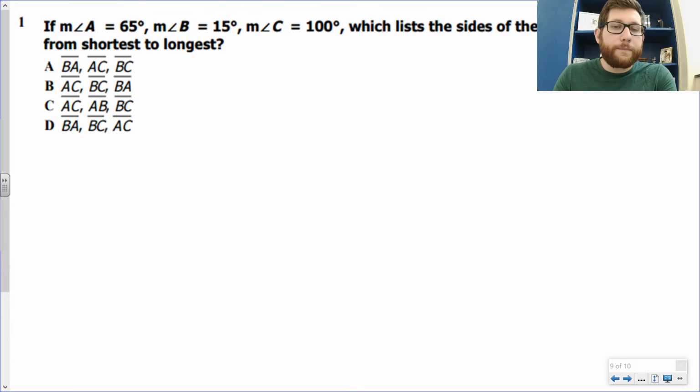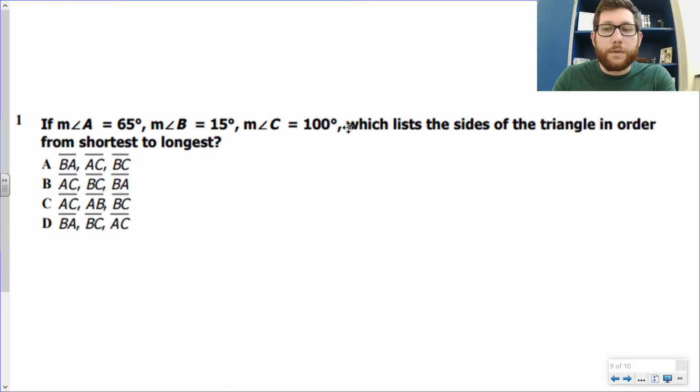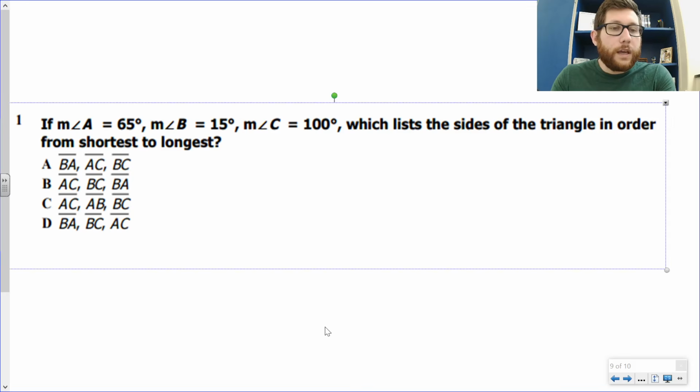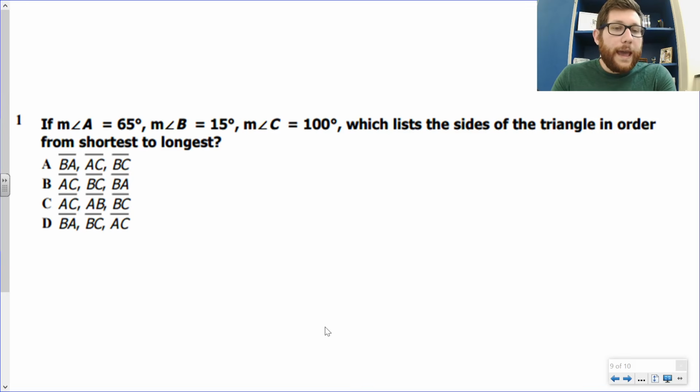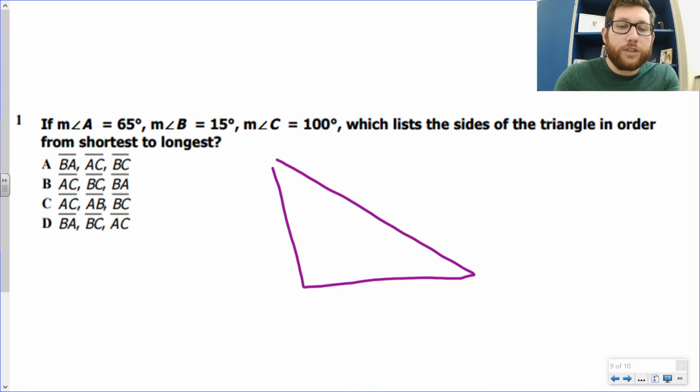All right, last one. Sometimes they don't give us a picture. Sometimes they just tell us with words, and let me pull this down so you can actually see it. So if A is equal to 65 and B is 15 degrees and measure of angle C is 100 degrees, list the sides of the triangle in order from shortest to longest. So one way to do this would be to kind of sketch out a picture.